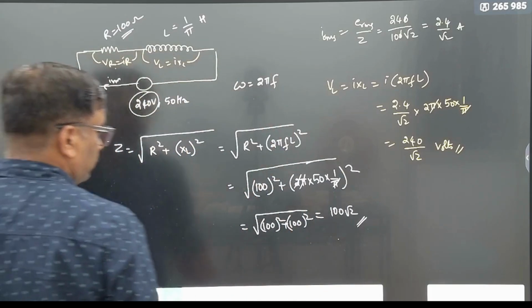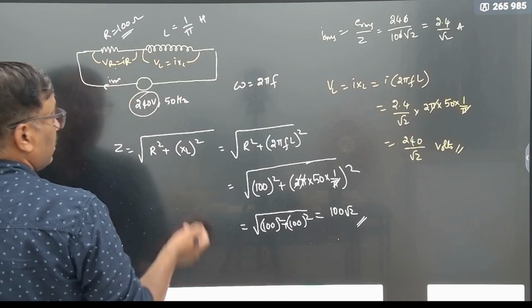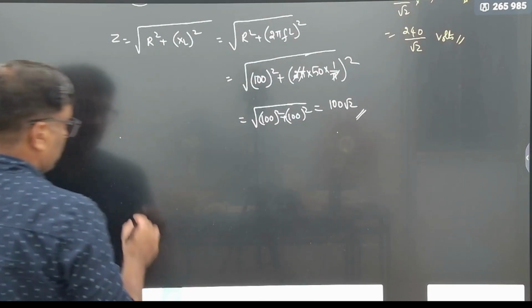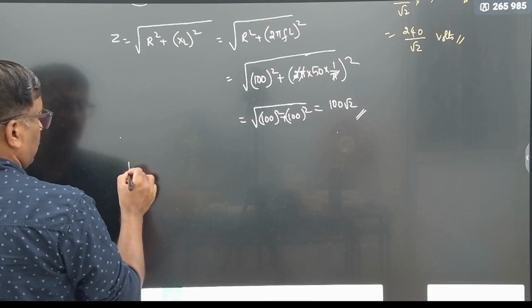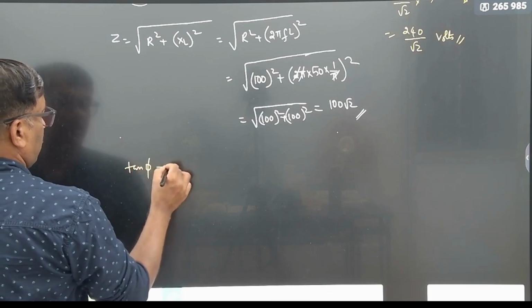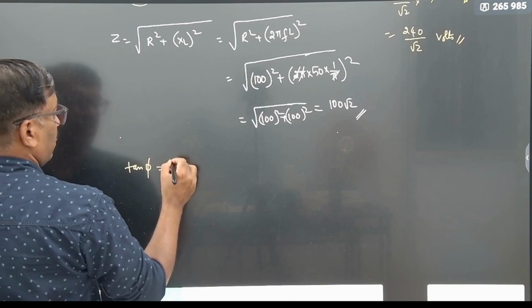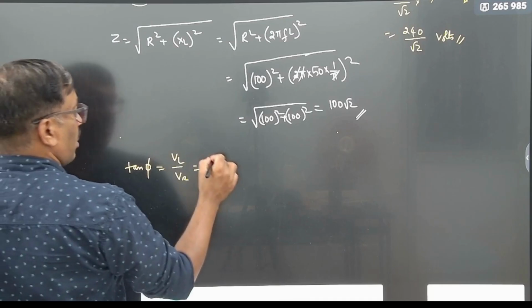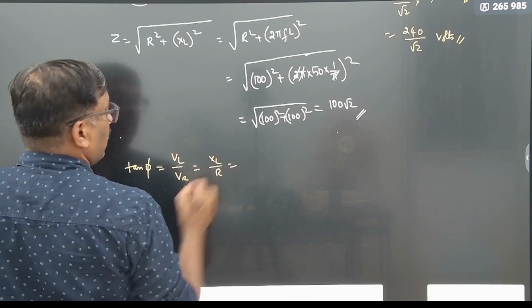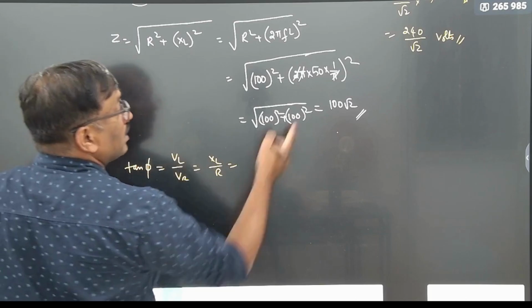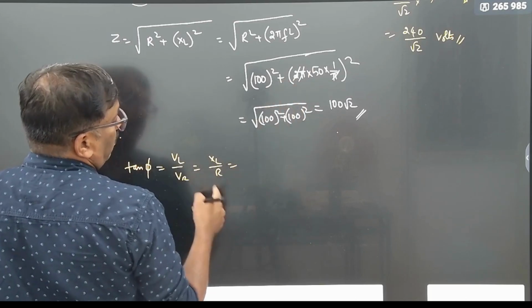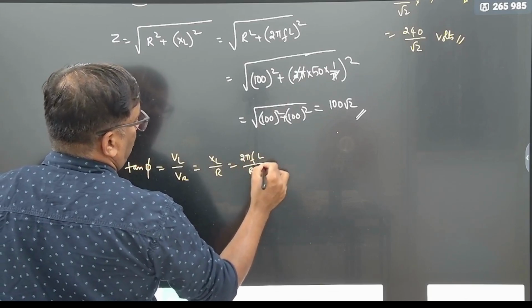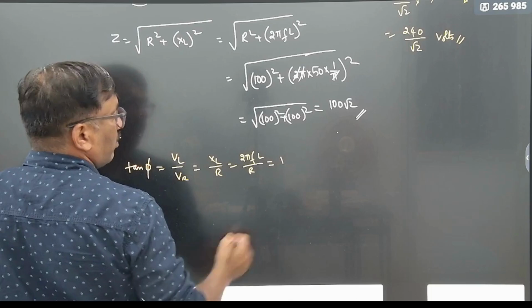So in these types of questions, they may ask you what will be your phase difference. Phase difference, how will it be now? Tan phi. Tan phi is nothing but VL by VR. Yes or no? VL is nothing but I XL and VR is I R, so XL by R. XL is how much now? XL we can rewrite as 2 pi F into L divided by R. So this will become 1.